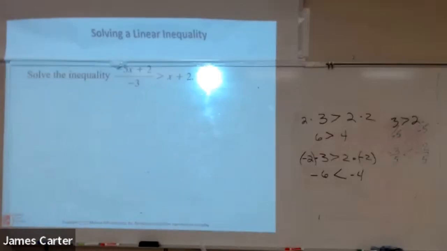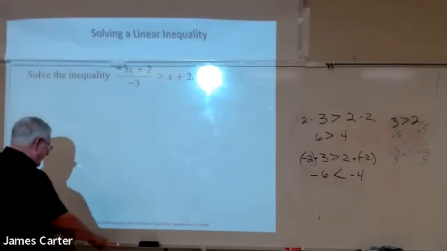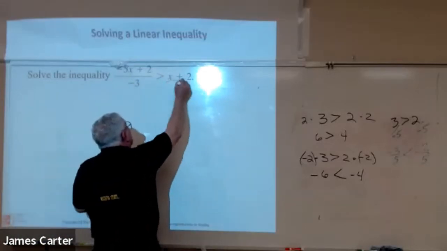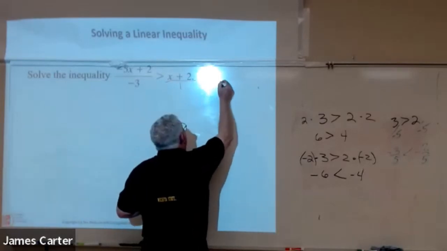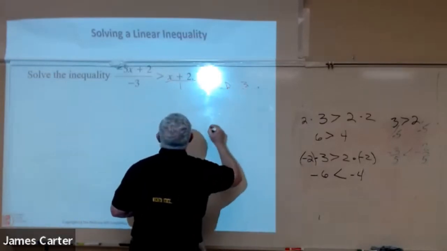Oh, that's kind of an ugly looking thing. Well, you know what the easiest way to do this is? Put that over 1, least common denominator is 3.